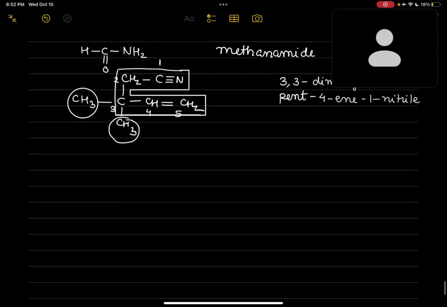This is a nitrile. Suppose I give you this one, what is the name of this compound?